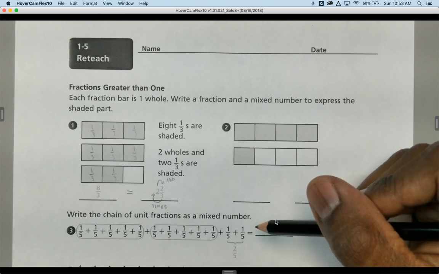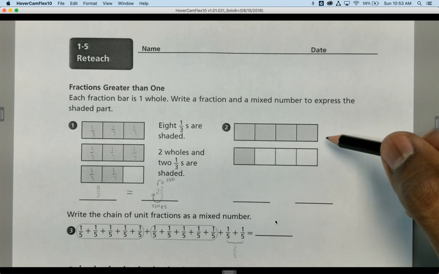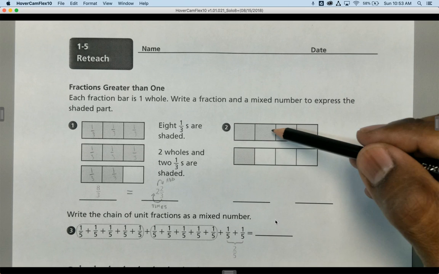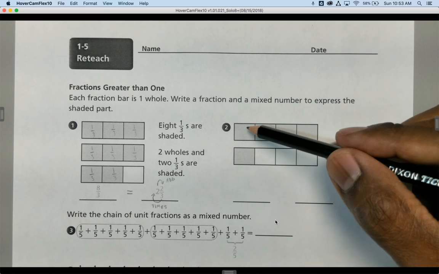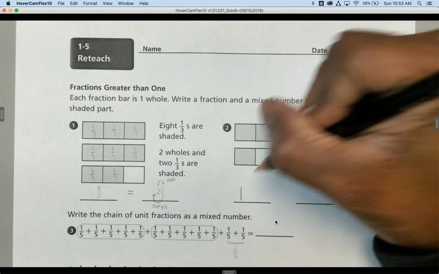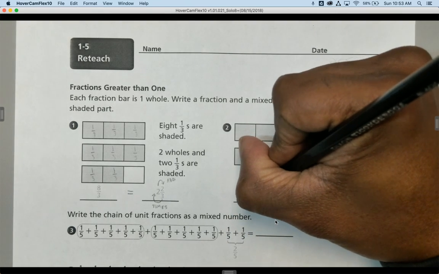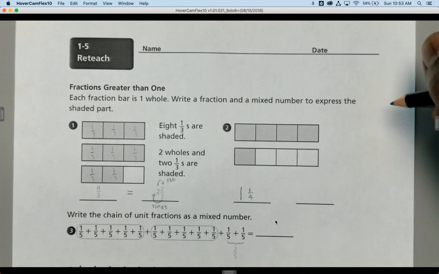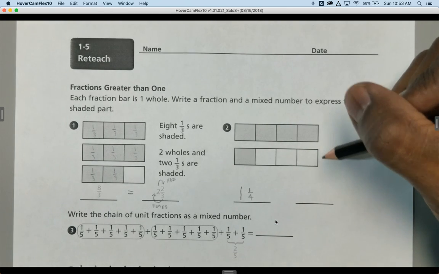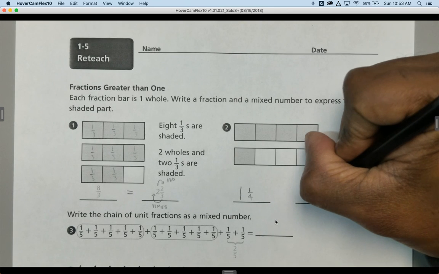Let's look at number 2. This visual model is showing a whole divided up into 4 equal parts or fourths. I've got 1 whole completely shaded, and then I've got 1/4. Let's rewrite 1 1/4 as an improper fraction. I know I'm going to keep the denominator the same. 4 remains a 4.